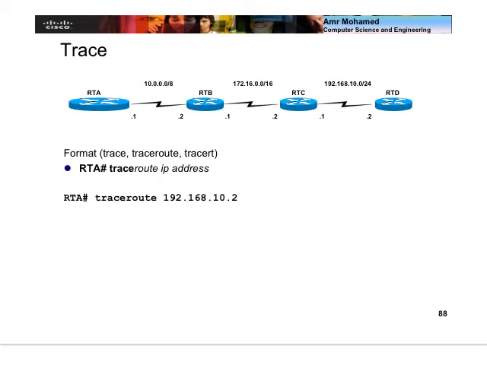So traceroute will use ICMP in a certain way by setting what we have called before the time to live. Remember the time to live field? That field is used to restrict the number of hops that any message goes through.